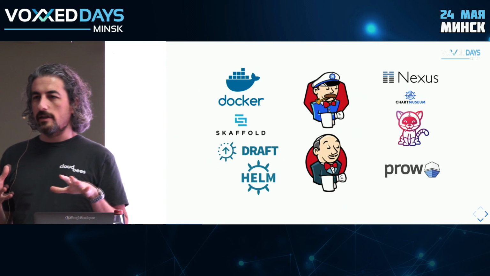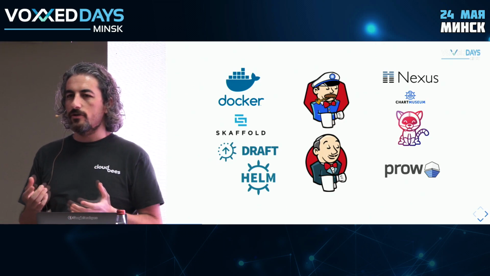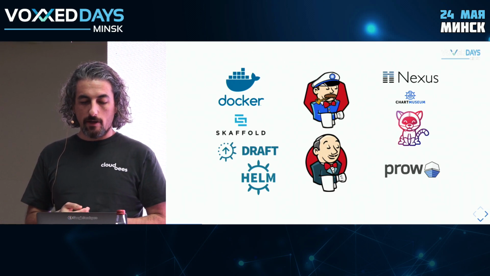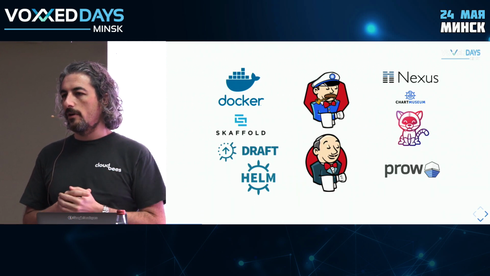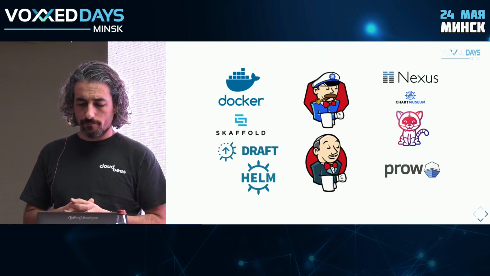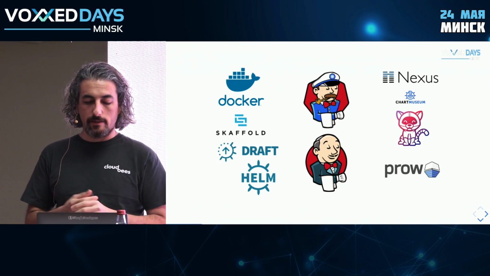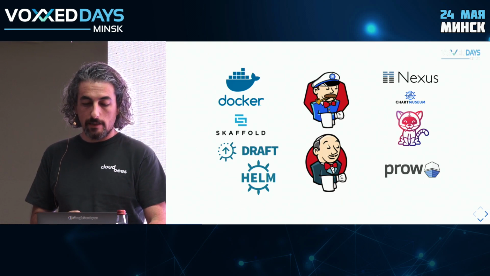And Jenkins X includes a lot of open source projects that you probably heard of or used or are interested in learning about. So obviously Docker for containers. It includes Nexus for repository management, ChartMuseum for Helm charts, and Helm, which is the package manager for Kubernetes.